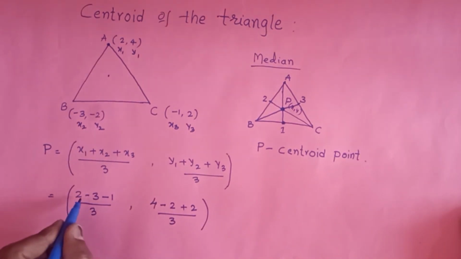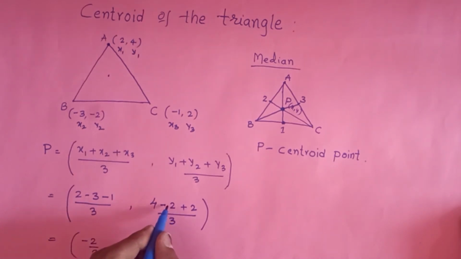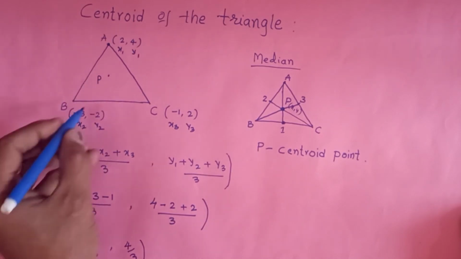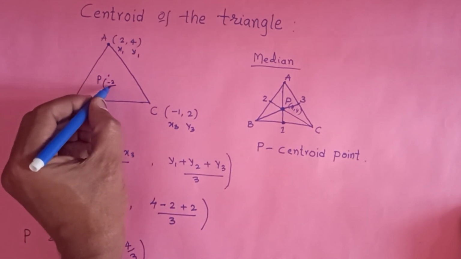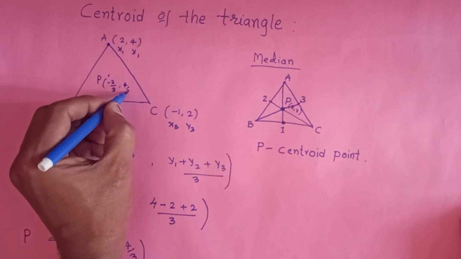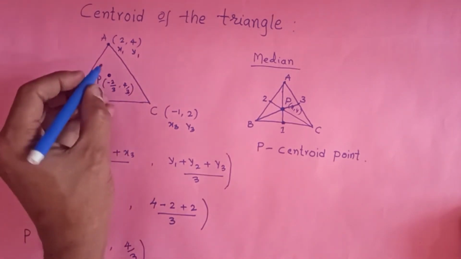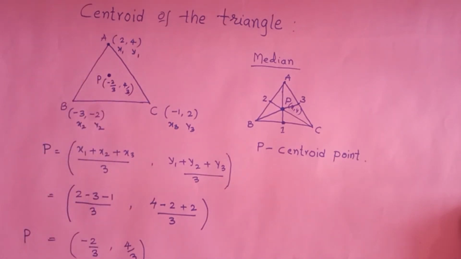So now 2 minus 4, you will get minus 2 by 3, and here it is 4 by 3. So these are the coordinates for the centroid of this triangle, that is minus 2 by 3, 4 by 3, the coordinates for this point, the centroid of the triangle element.